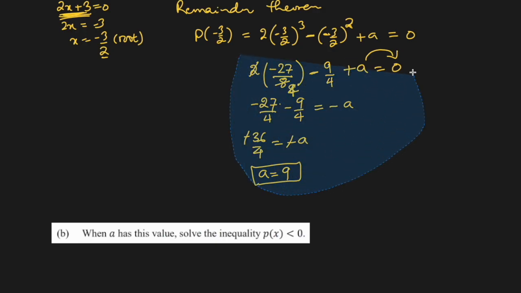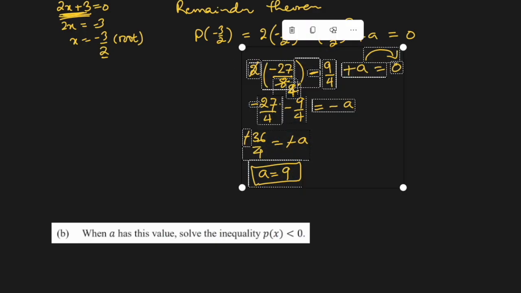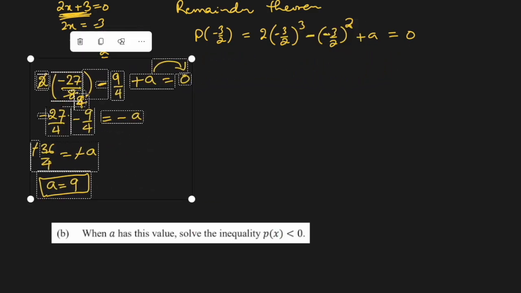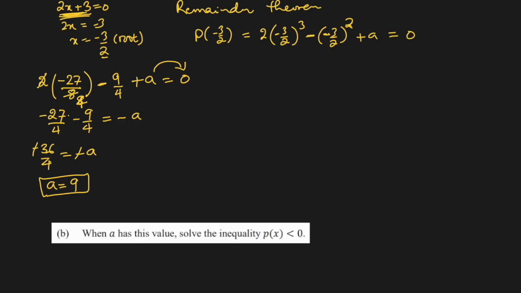So let me make some space here. So a has this value, so let me write this with the value. So p(x) now becomes 2x cubed minus x squared, and a is 9 now, plus 9. Solve the inequality: p(x) is less than 0.